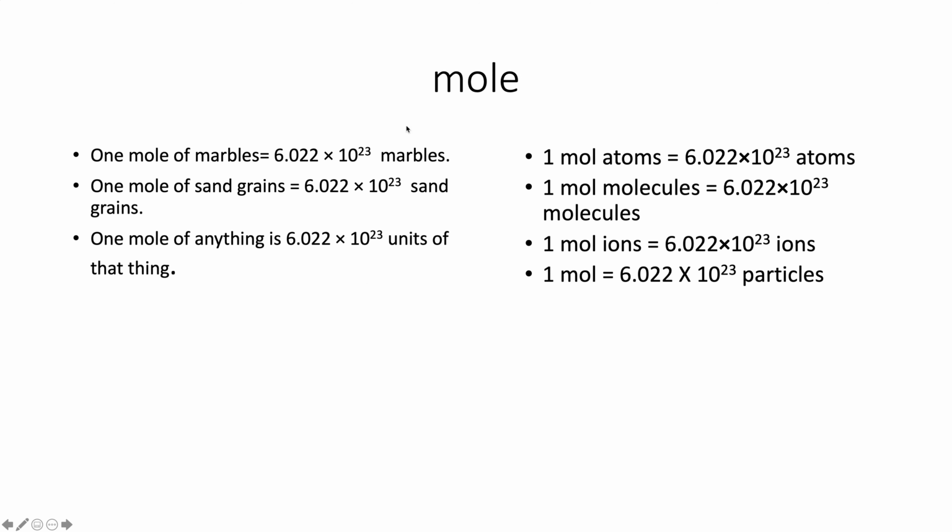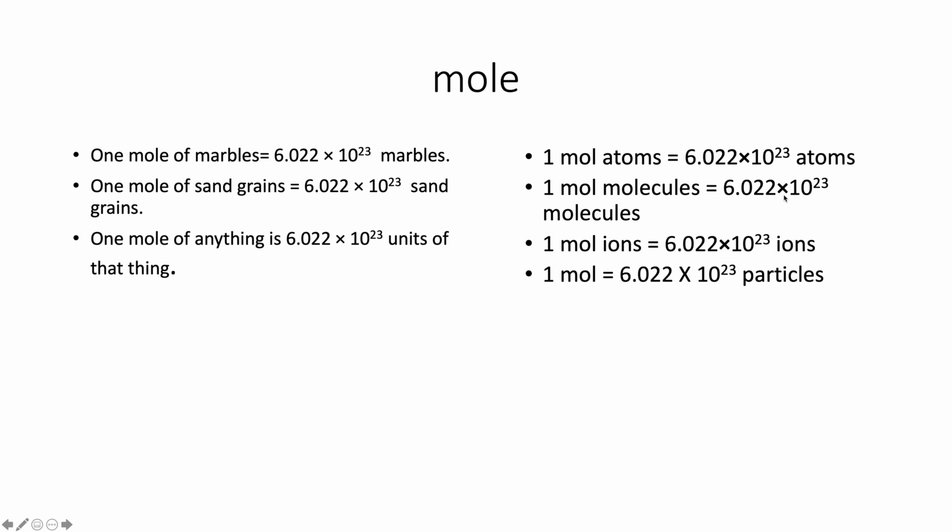All right, so a mole is a mole is a mole, so a mole of marbles would be Avogadro's number of marbles. A mole of grains of sand would be 6.022 times 10 to the 23rd grains of sand. So a mole, just like a dozen is 12. If this bothers you, substitute the word dozen and 12. It's literally the same concept. For chemistry, a mole of atoms is that many atoms.